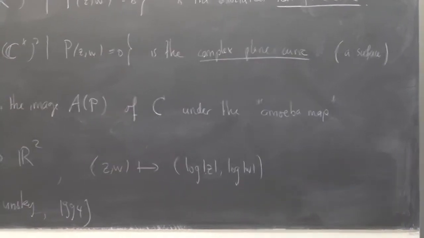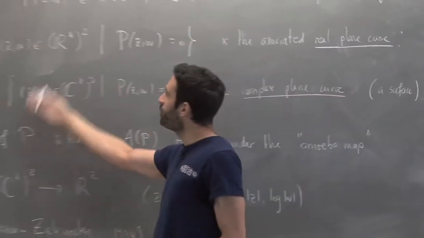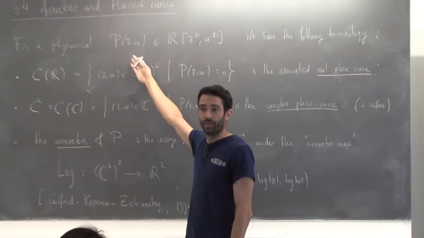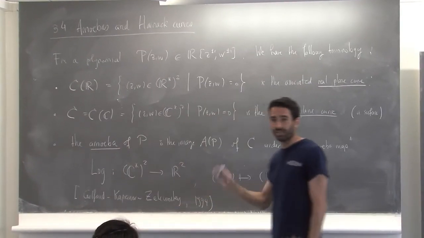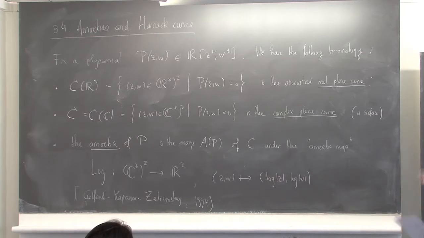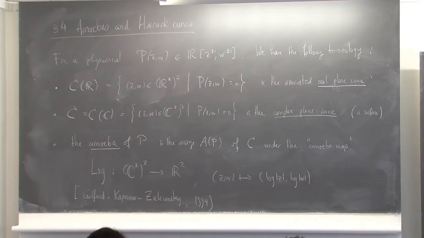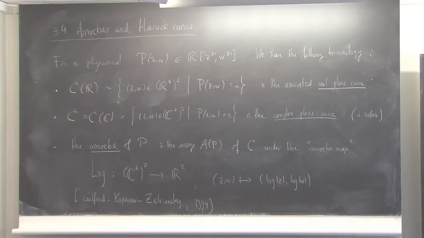And completely amazingly, if you start with a polynomial that is the characteristic polynomial of the dimer model, then the amoeba will give you basically the phase diagram for the model. I will talk about this next time.